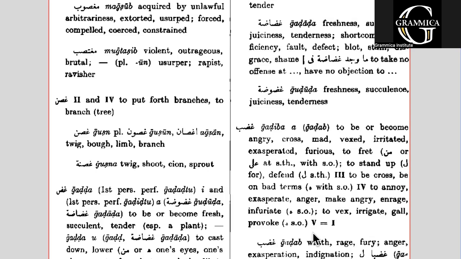Lastly, we have 5 equals 1, and he does not give us a translation. This means form 5, تغضب, equals form 1. So from this, we have learned many important things about the verb. We've learned how to vowel the past tense, the present tense, the masdar.